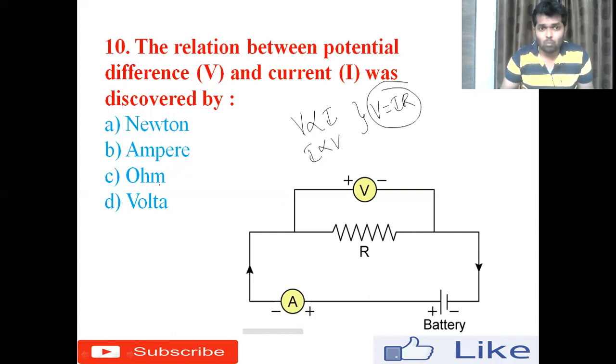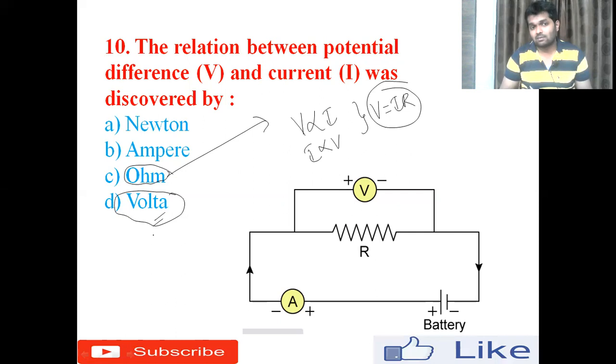And coming to Ohm, Ohm is the physicist who gave the relation between voltage, or potential difference, and the current. And Volt is one more important scientist who discovered or invented the cell or battery. But the right answer for this question is option C, Ohm.